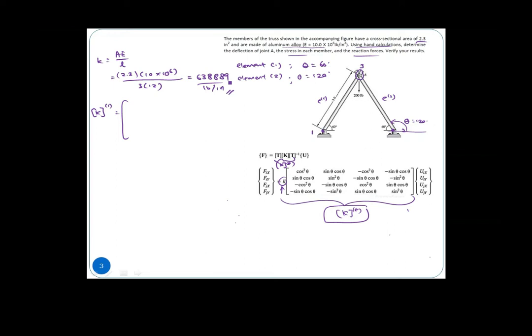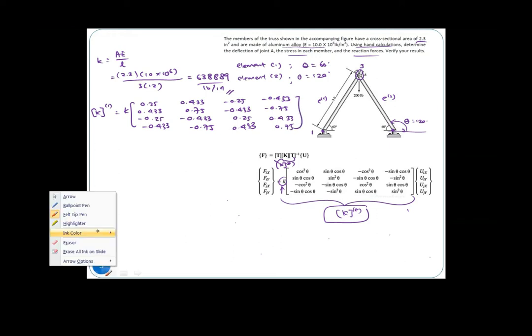Then I have k multiplied by the matrix: 0.25, 0.433, negative 0.25, negative 0.433; then 0.433, 0.75, negative 0.433, negative 0.75; negative 0.25, negative 0.433, 0.25, 0.433; negative 0.433, negative 0.75, 0.433, 0.75.